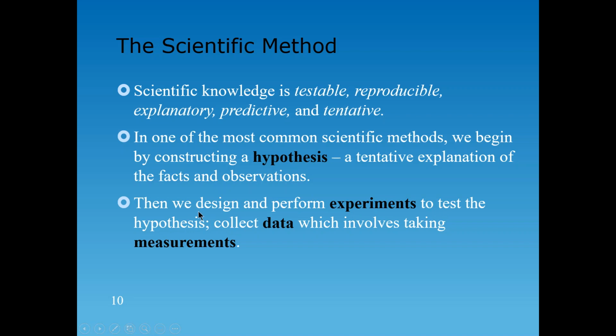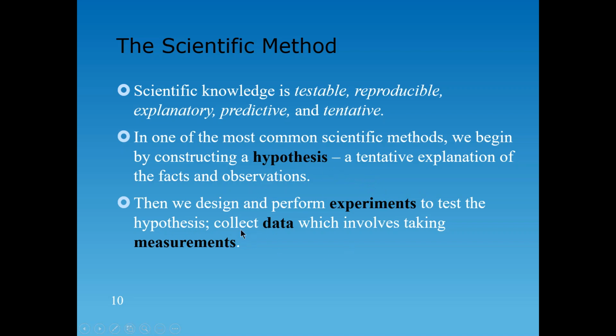All right? The term that we use in this context, we say that the hypothesis has to be falsifiable. In other words, the hypothesis must be such that when it is tested by experiments, then if it is not true, the experiments will show that. If it is true, then the experimental data will be in harmony with the hypothesis.